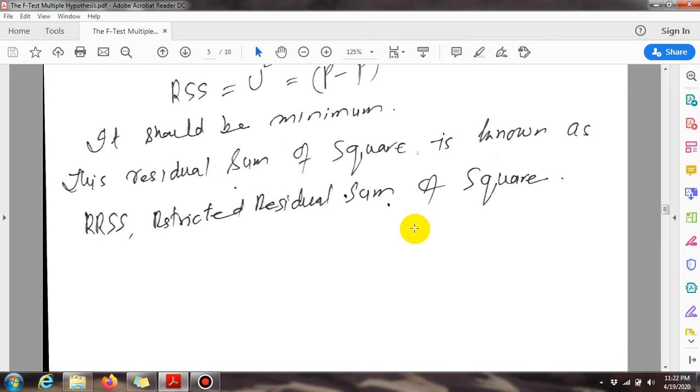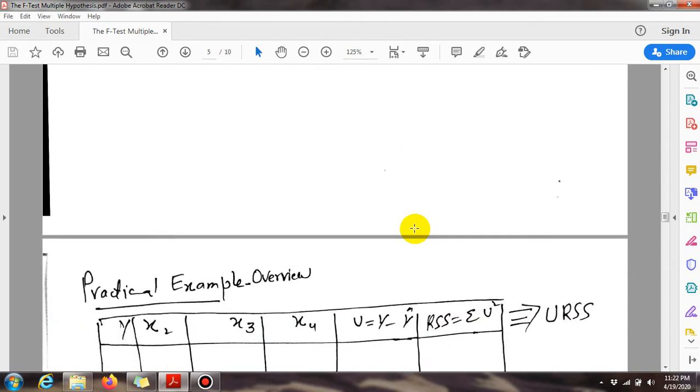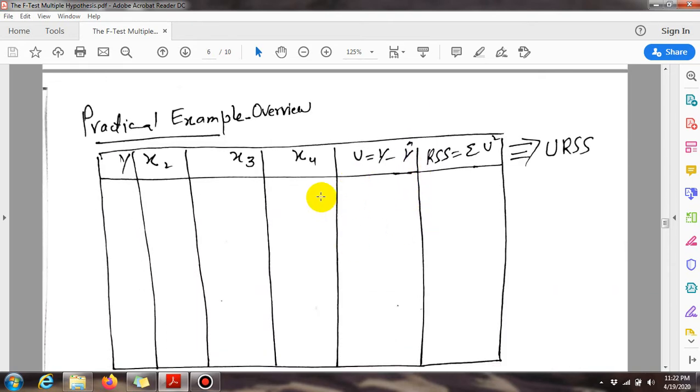Here some students feel confusion. So for the removal of the confusion, we have a practical example overview. Like we have a dependent variable y and independent variables x2, x3 and x4, and with the help of x2, x3 and x4 we get the error term, because here we have actual minus estimated and we get u.